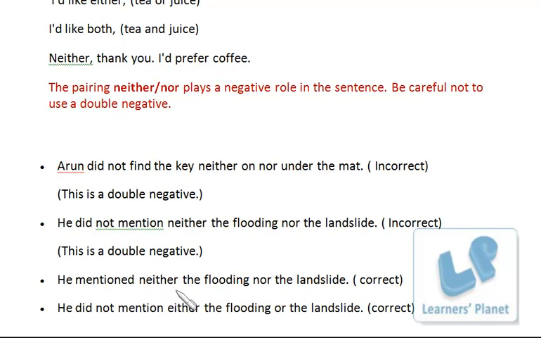See the difference. He mentioned neither the flooding nor the landslide. He did not mention either the flooding or the landslide. So when you are using did not mention, you have to use the either or combination. When you are not using did not, you have to use the neither nor combination.